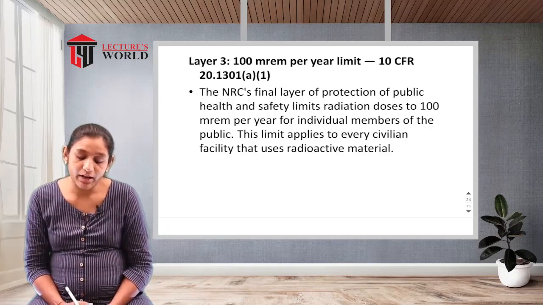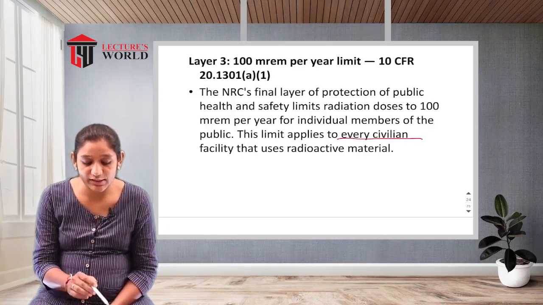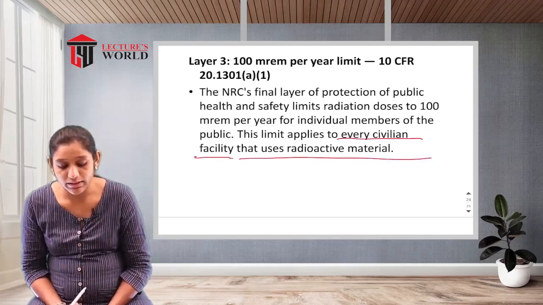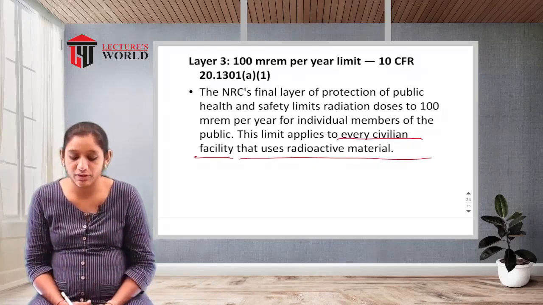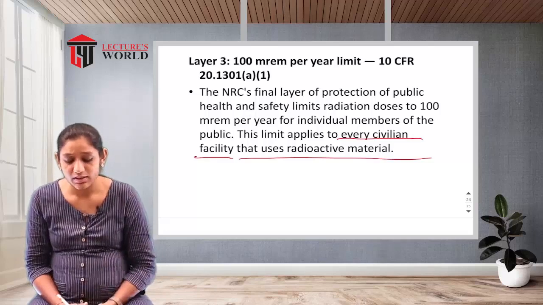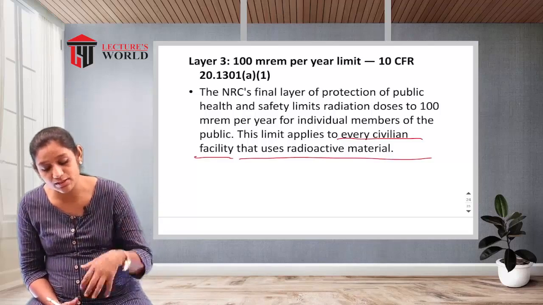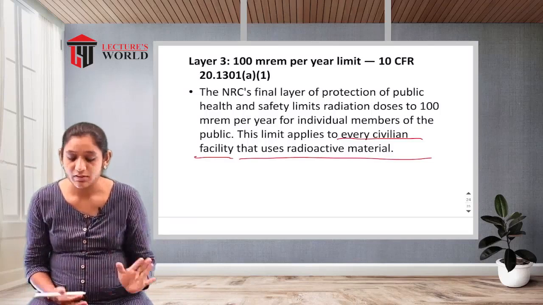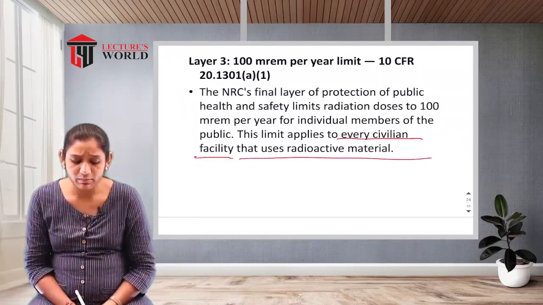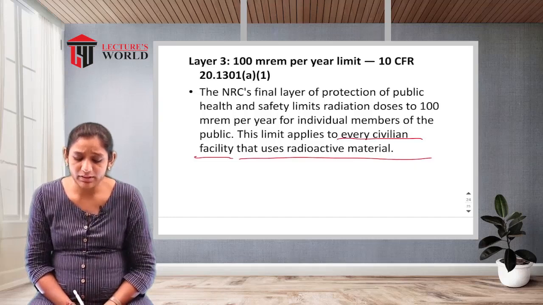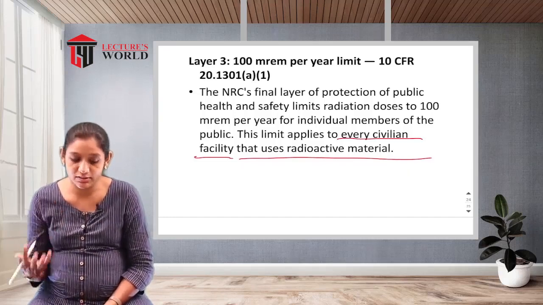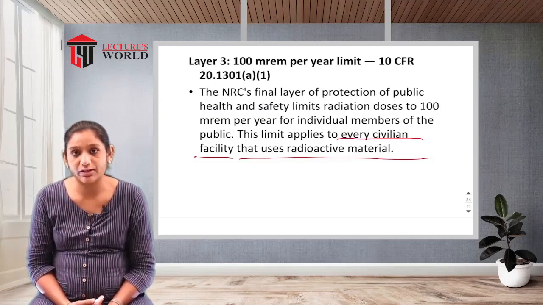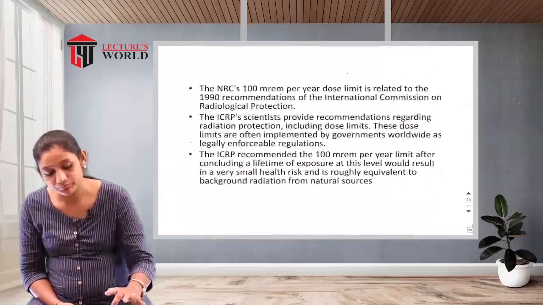This limit applies to every civilian facility that uses radioactive materials, meaning the NRC's final layer of protection gives a safety limit of up to 100 mrem per year for individual members of the public.